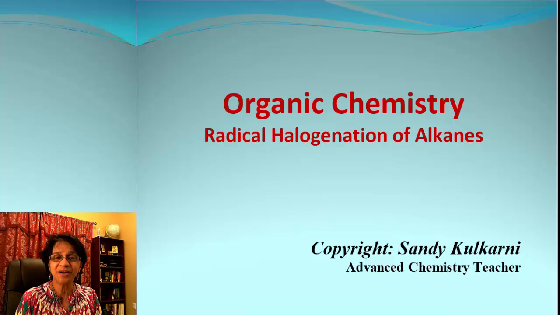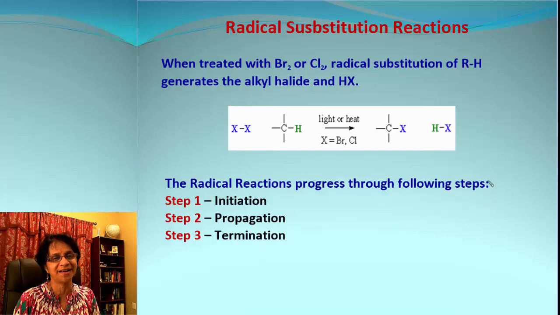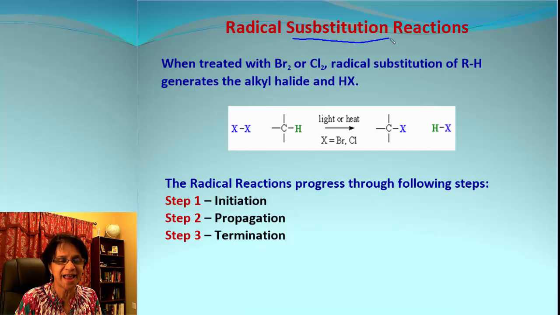In this video, we will continue with our organic chemistry and we will talk about the radical halogenation reactions for alkanes. So what are radical reactions? These are substitution reactions when the hydrogen of alkane gets substituted by a halogen as it is shown in the reaction.